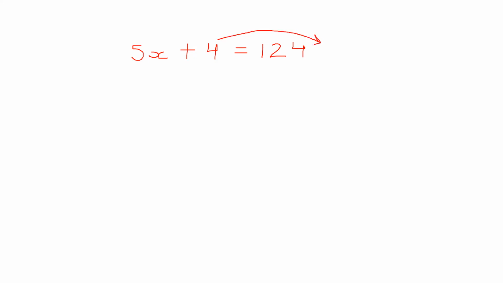Very good. You carry this 4 over. It was a positive sign, so when we send it over, it becomes what? Negative. So 124 minus 4. Good. That's 120. So we say 5x is equal to 120.